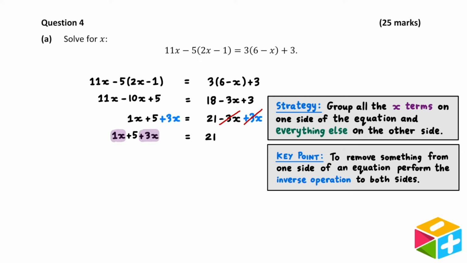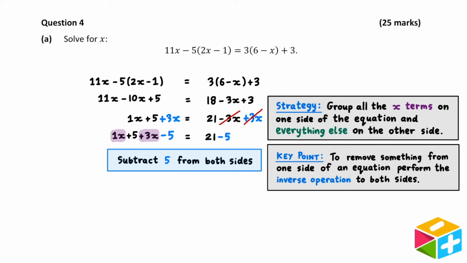I've now got my two x terms on the left, but I'll want to remove this plus 5. The inverse of addition is subtraction, so to remove a plus 5, I'm going to subtract 5 from both sides of the equation.